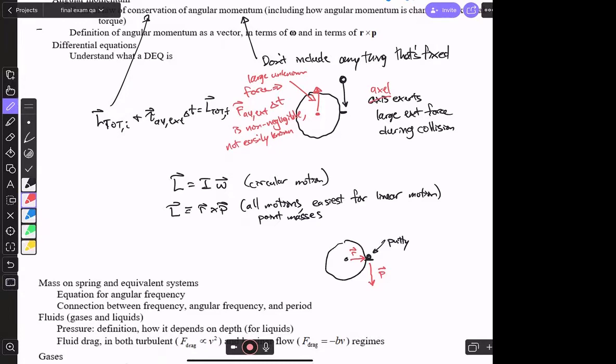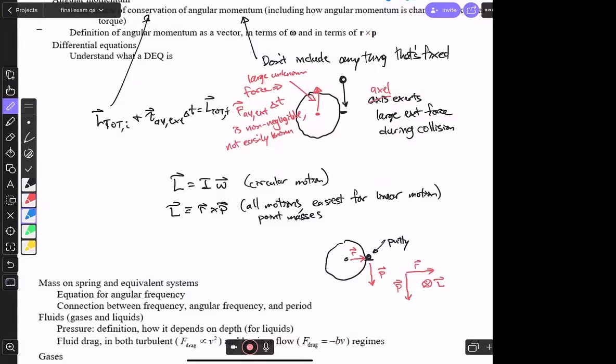To calculate the direction of that angular momentum, I would draw the two vectors tail to tail. And then to calculate the cross product, I put my fingers in the direction of r and fold them into the direction of p. And so that gives me an angular momentum that's pointing into the page.